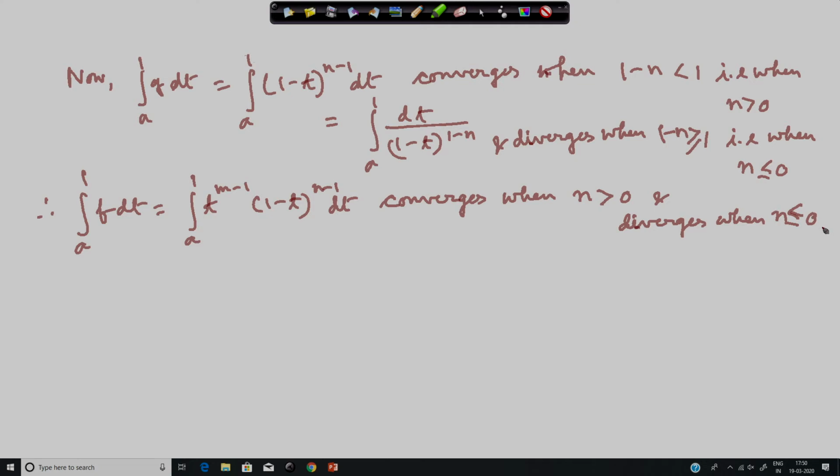Now we can combine the two cases. Beta m n equals I 1 plus I 2.